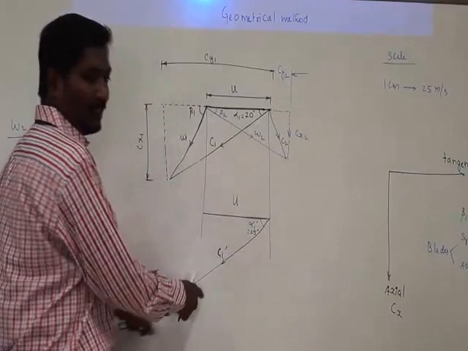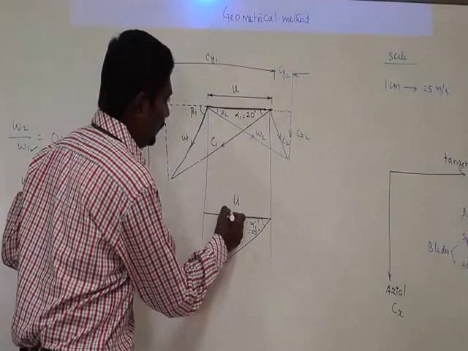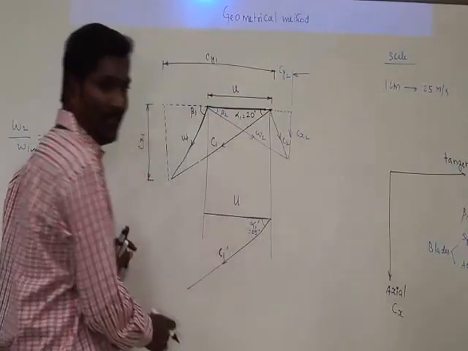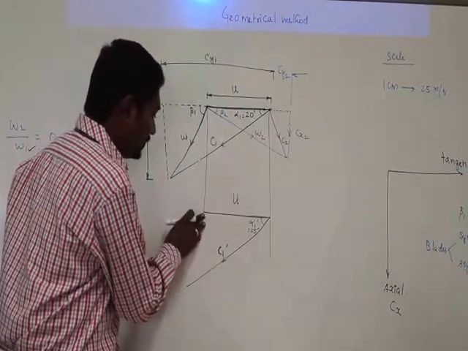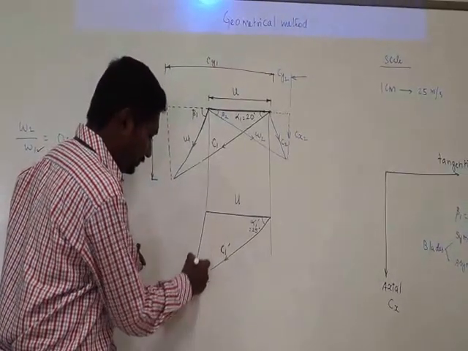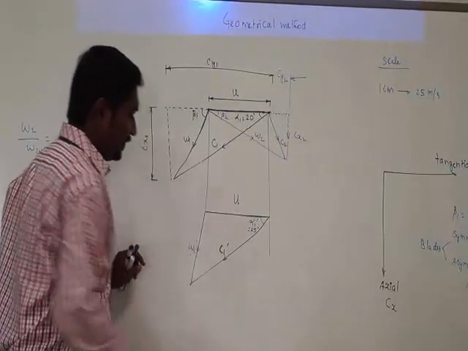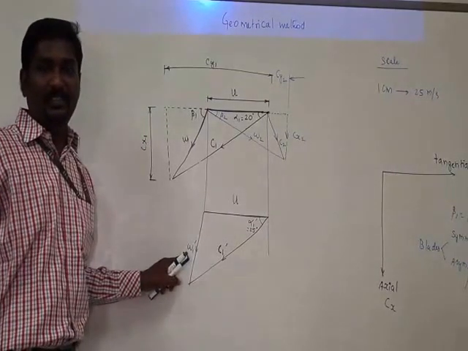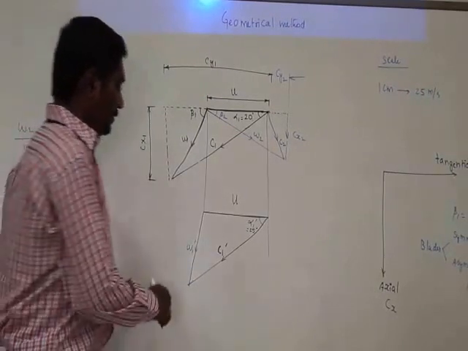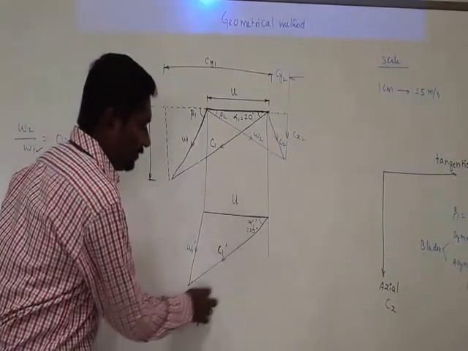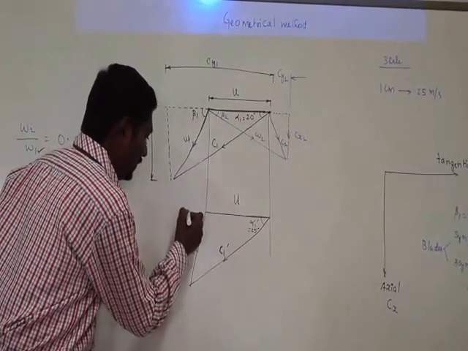Multiply this by 0.9. That is this. So now you know the value of U. We know the value of fluid velocity. Blade velocity is known. Fluid velocity is known. If you join this, so complete this triangle, then this indicates the relative velocity at the inlet for the second row. So that is represented as W1 dash. Okay. So now we are going to resolve C1 dash both horizontally and vertically.